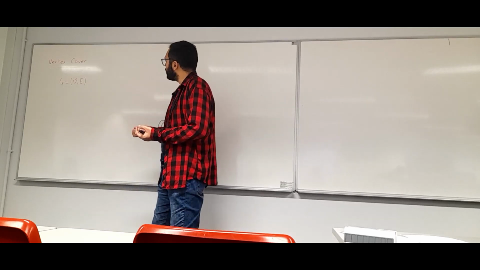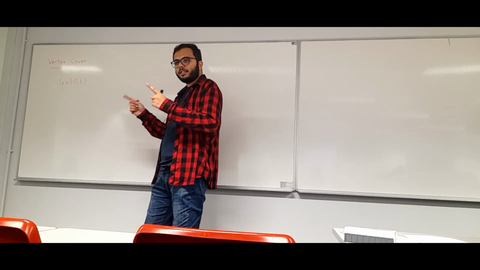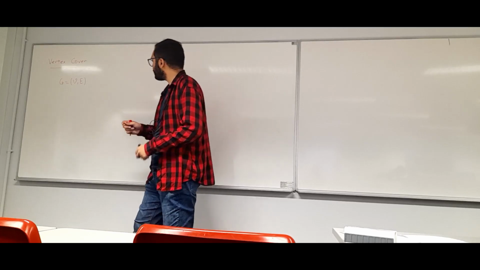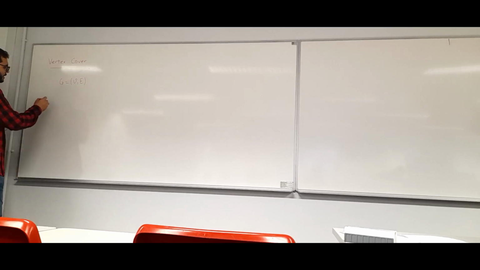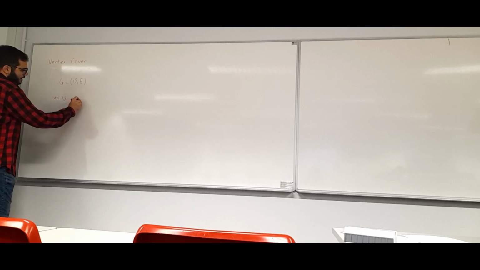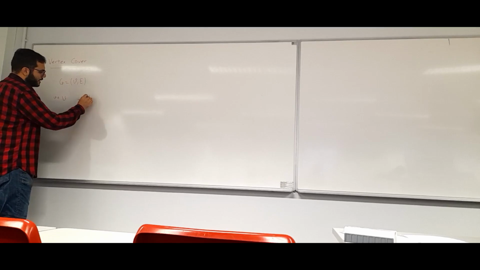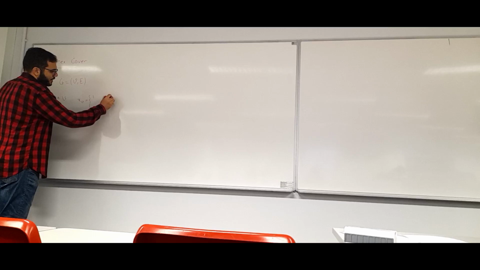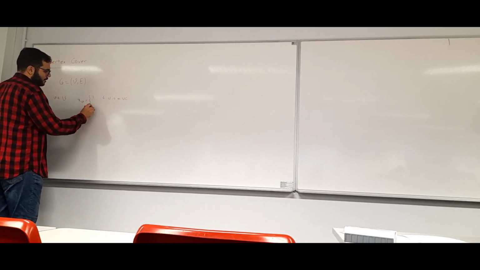So I can just introduce one integer variable for each one of the vertices and say that that integer variable is between 0 and 1, so that it becomes Boolean. So I say that for every vertex v in my graph, I define a variable, I call it x of v, and the intuition is that x of v is supposed to be 1 if v is in the vertex cover, and it's going to be 0 otherwise.